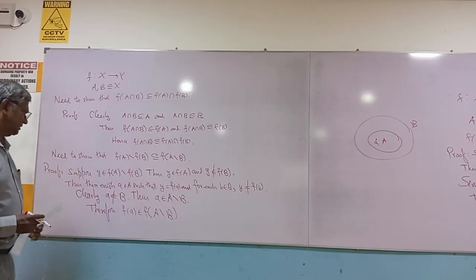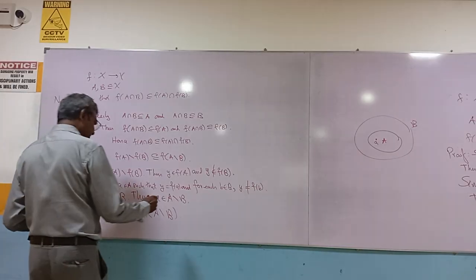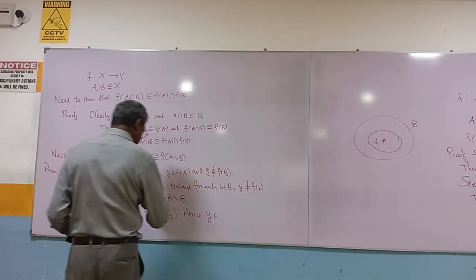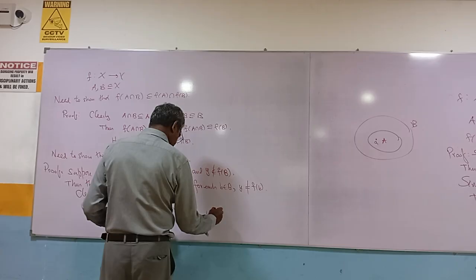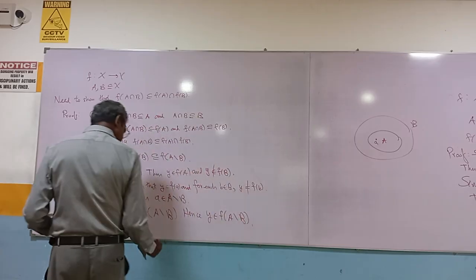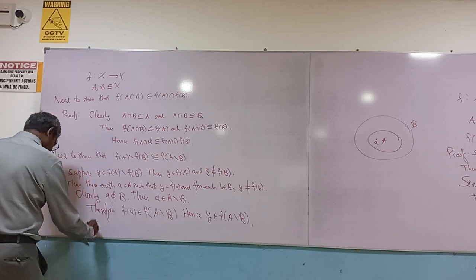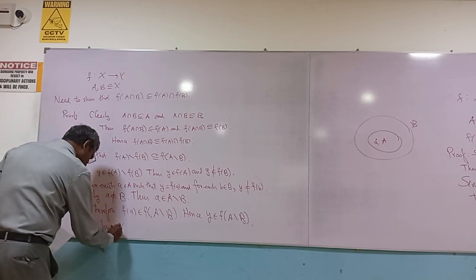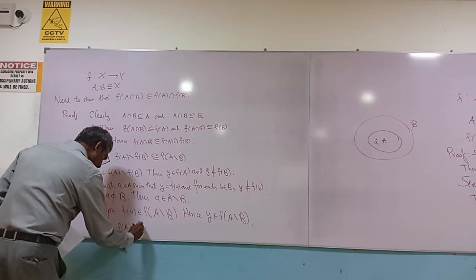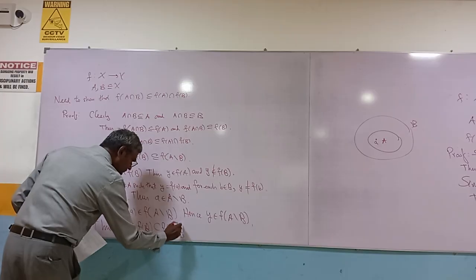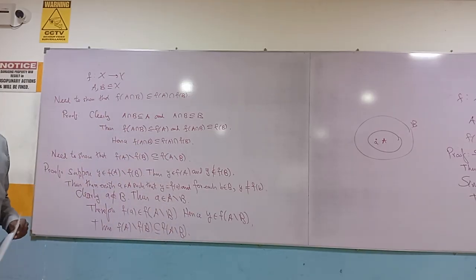I have shown that y is equal to f(a), so y belongs to f(A minus B). Thus, f(A) minus f(B) is a subset of f(A minus B). Right?